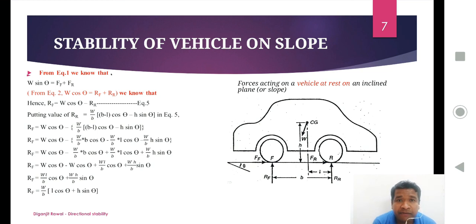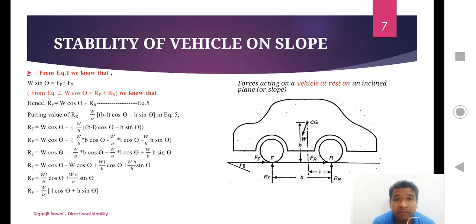So here we have multiplied each term: W by B into B cos theta minus W by B into L cos theta minus W by B into H sin theta.